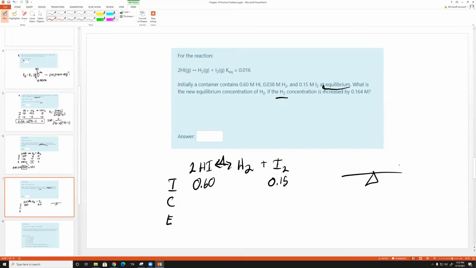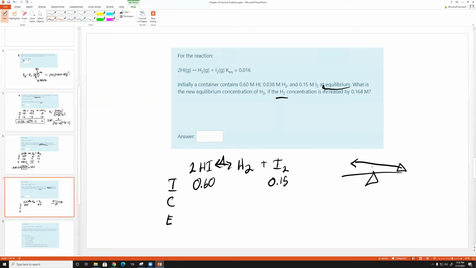If you add more to the product side, what's going to happen? What's the reaction going to want to do in order to restore that balance? The reverse reaction, which will go this way, is going to take precedence and be faster than the forward reaction in order to restore equilibrium concentrations.